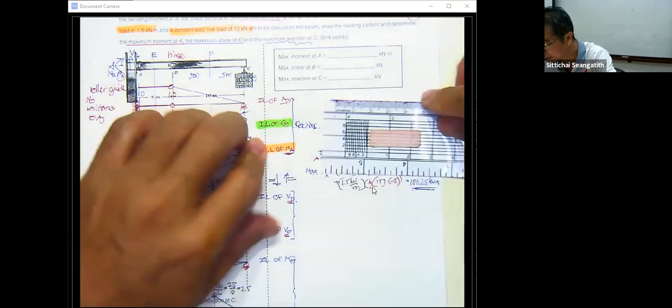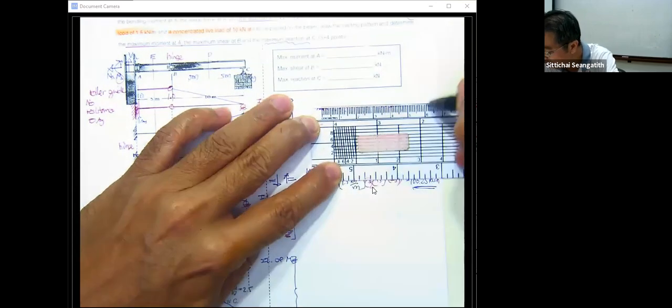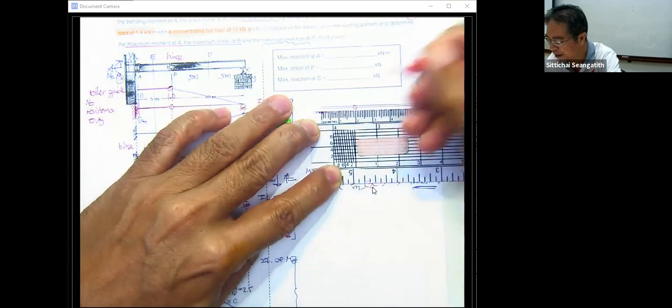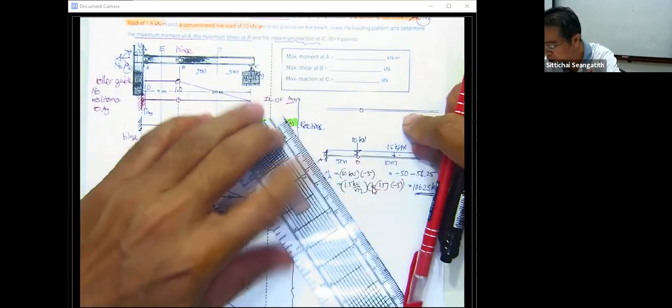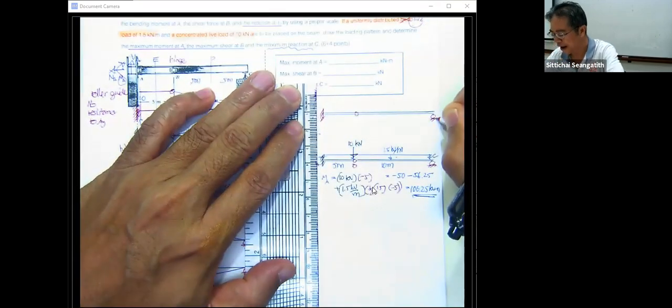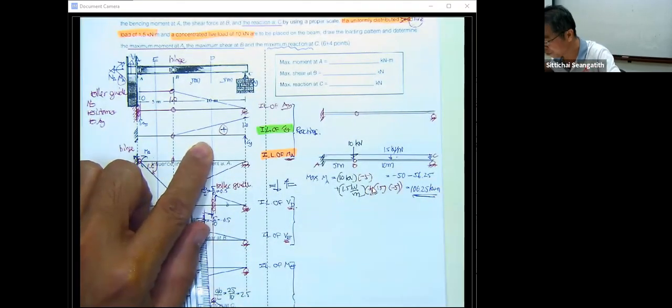Okay, and then what we have again, just draw the beam. Again, just draw our beam. B is the hinge, and this is going to be the fixed support. This is going to be the roller, and then this is the positive influence.